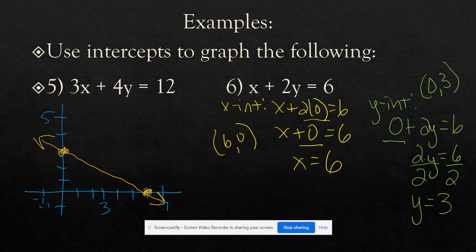Connect those dots, and there's our graph. If you would pause the video and try 7 and 8, finding the intercepts, plotting them, and getting your graph.